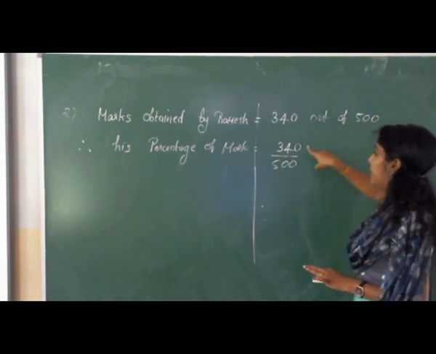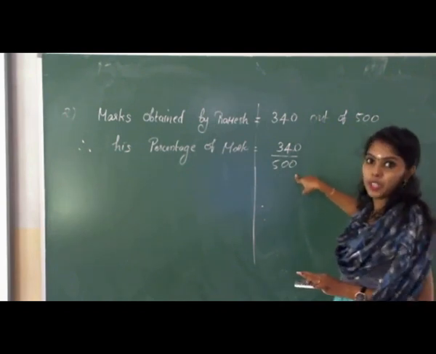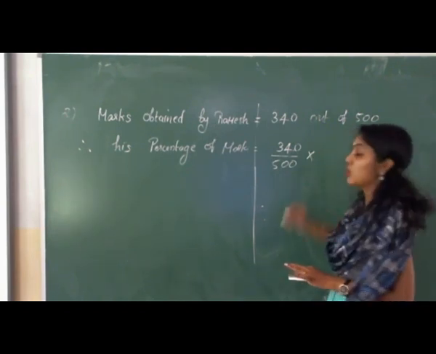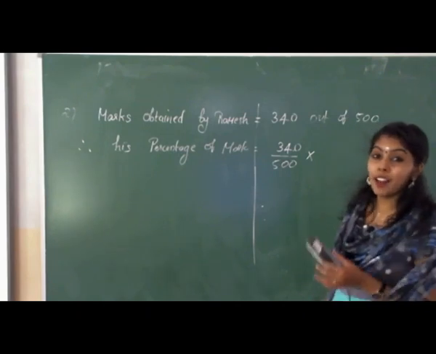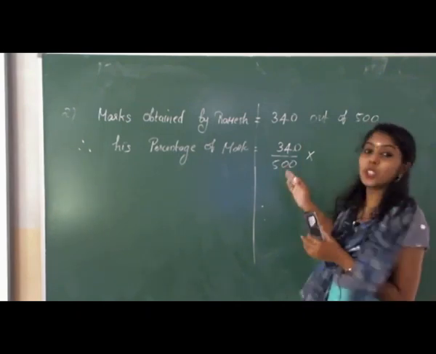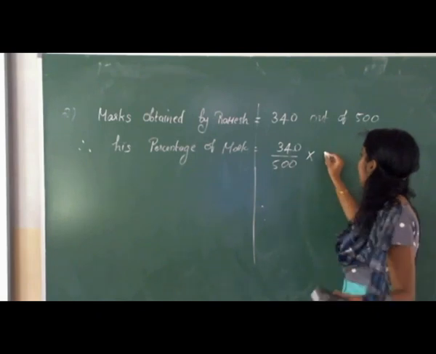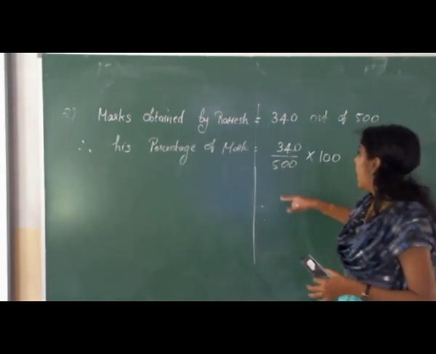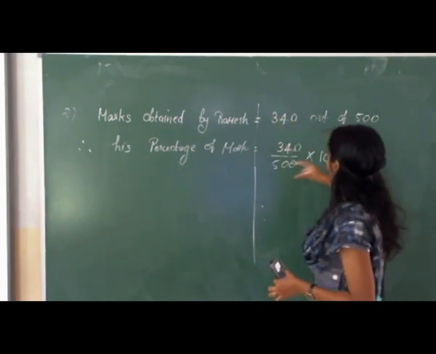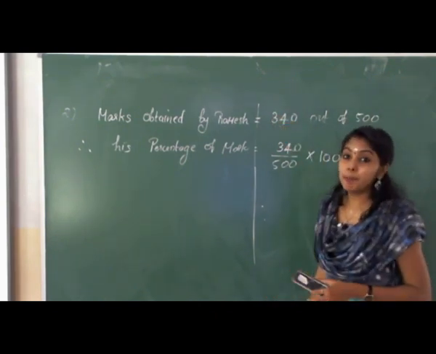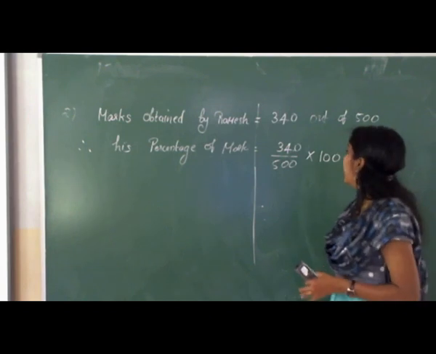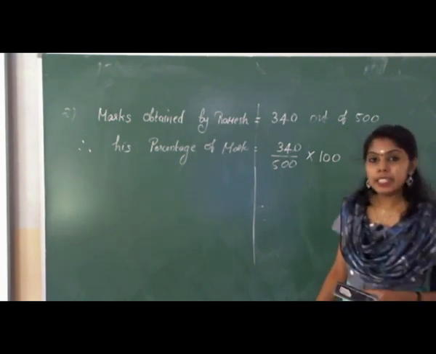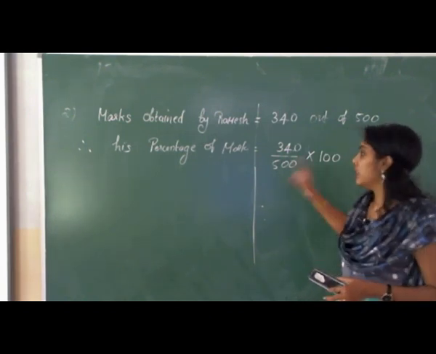340 out of 500 means 340 by 500. Then into percentage they are asking, so conversion of this fraction into percentage is into 100. First you have to convert the given thing in fraction form, 340 by 500, then into 100 means the percentage.